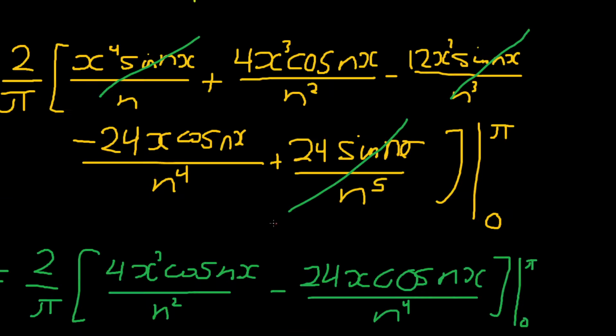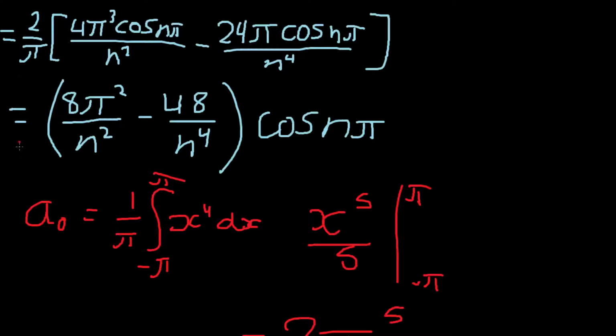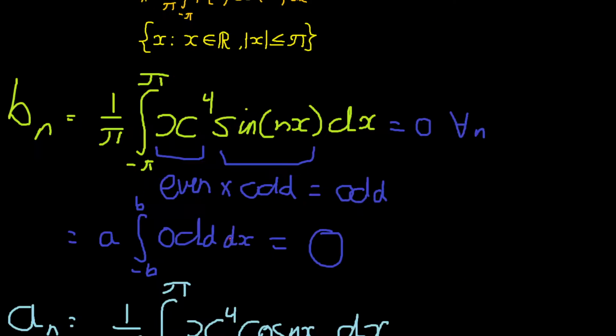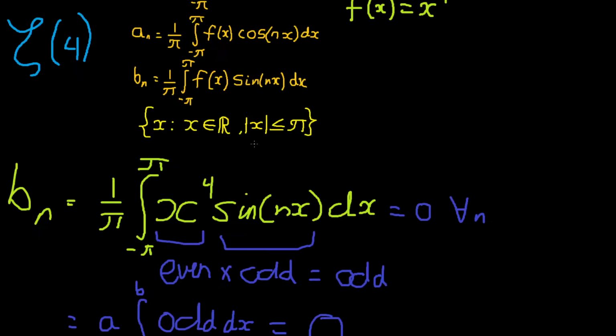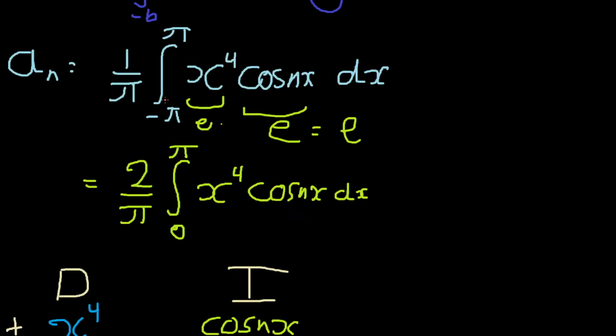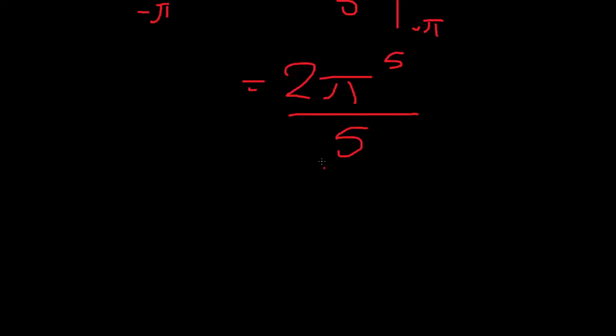Right, we have our an right here. We have our bn right here. We can finally plug this into this formula right here, because we have our a0 too.